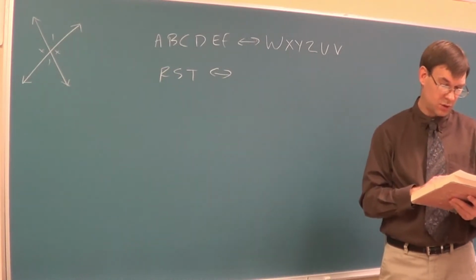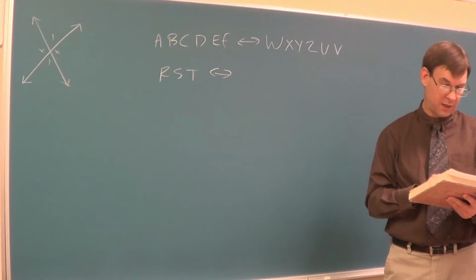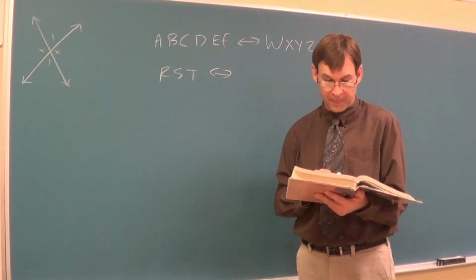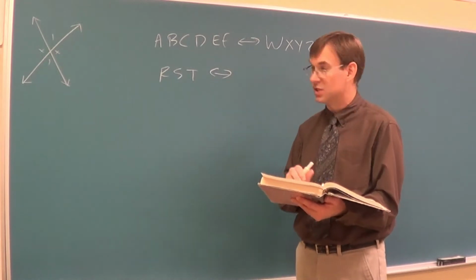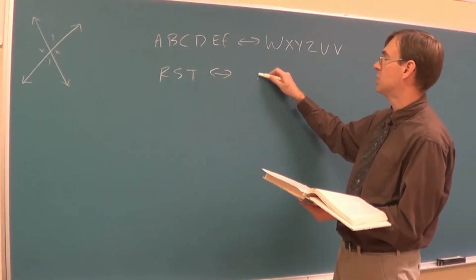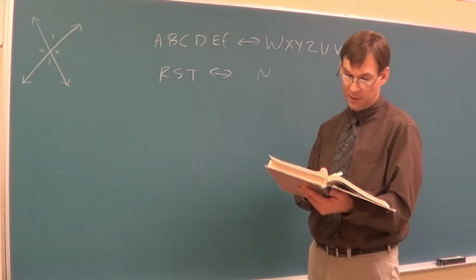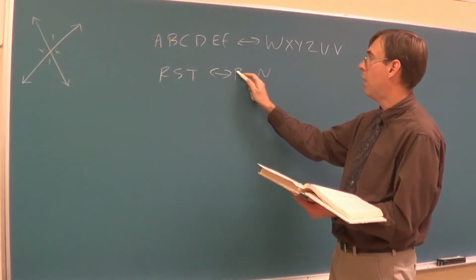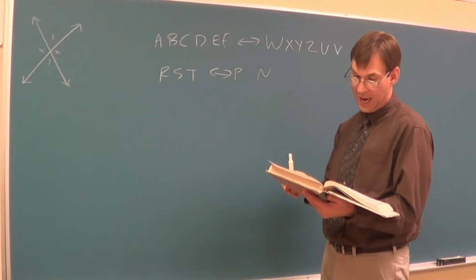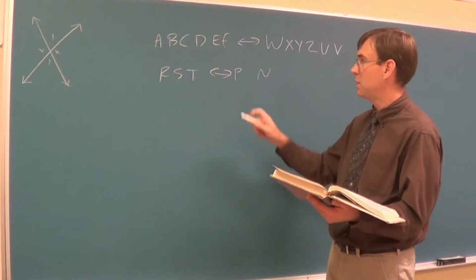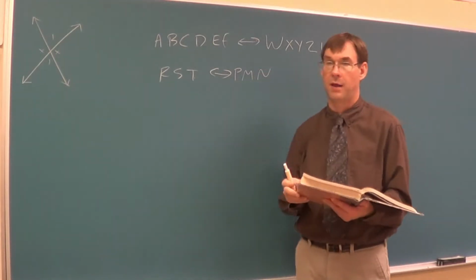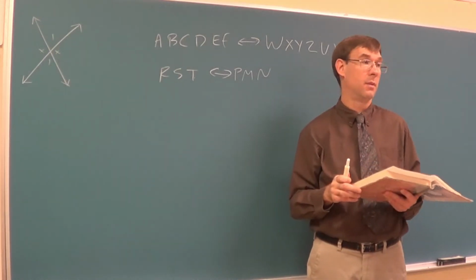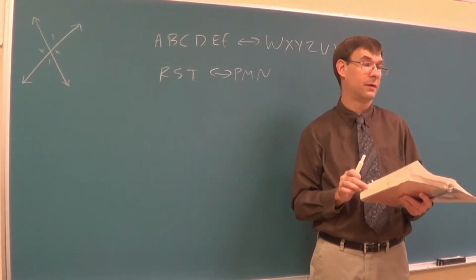So the RT short side has to match up with PN. N is the right angle that matches the T. So T's position is the N. The P's position was the R. And then the S must just be with the M because I'm running out of letters. So now I've got 2 established. Anybody not good with those 2 from 5?